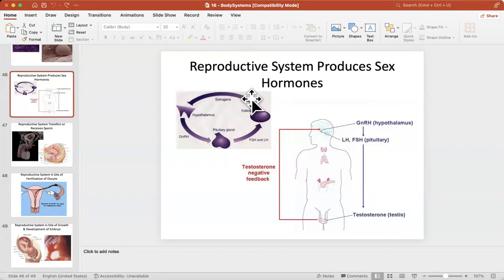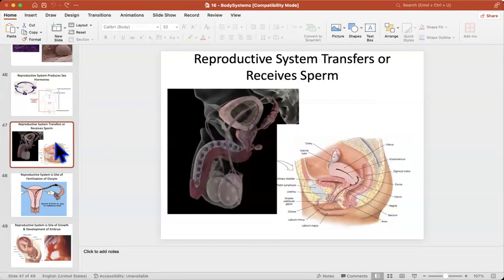So the testes and ovaries are also part of the endocrine system because they produce hormones. And this system transfers and receives sperm. So that's the sexual behavior.